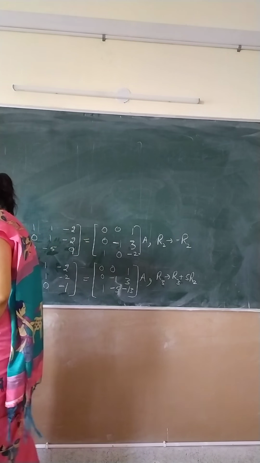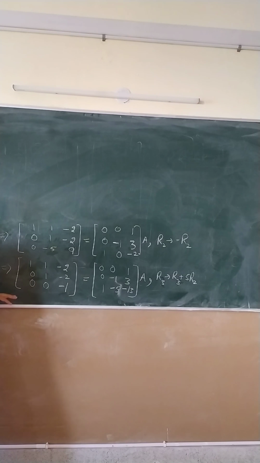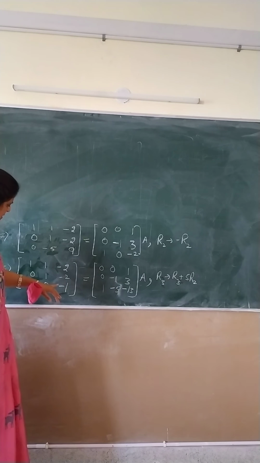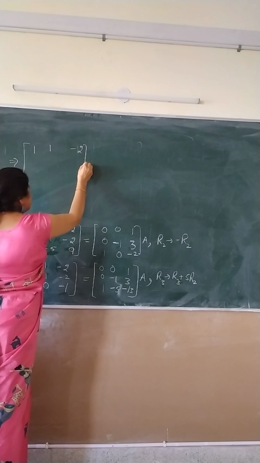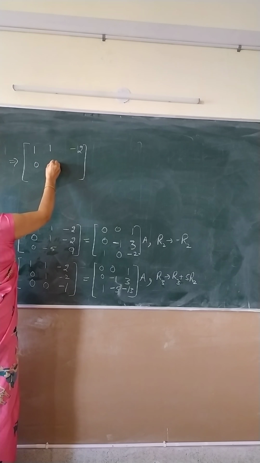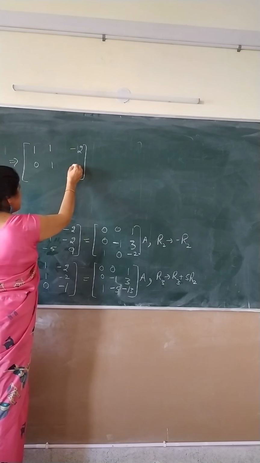Now, this one you have to make plus 1. How will you make? It implies multiplying R3 by minus 1. You will get 1, 1 minus 2. Right? This is 0, 1 minus 2. This is 0, 0, 1. This matrix multiplied by minus 1, you will get 0, 0, 1.